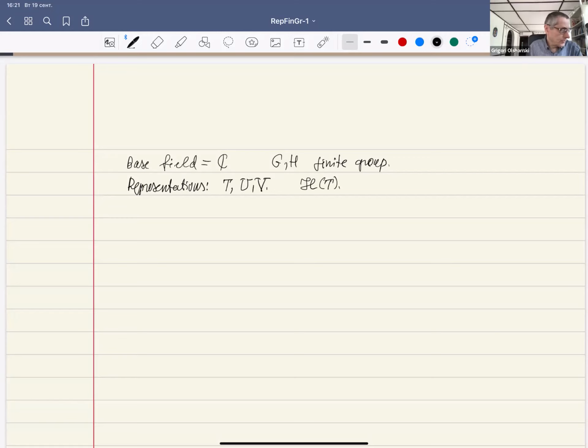So the first definition: what is a representation? I will assume that the groups are finite and all vector spaces are finite dimensional.